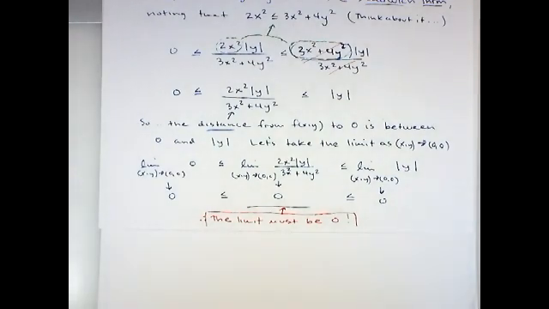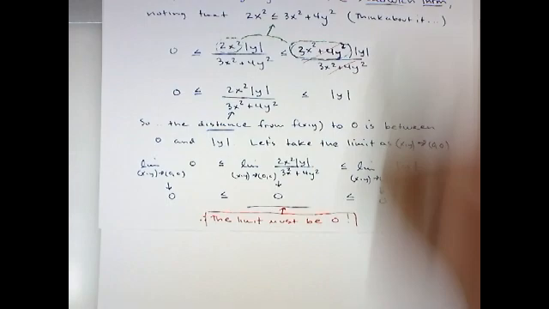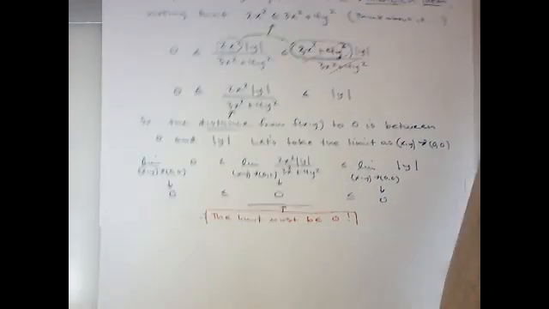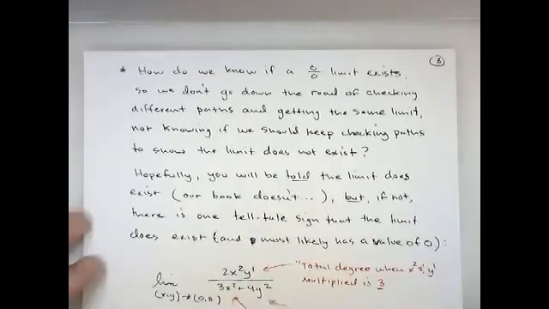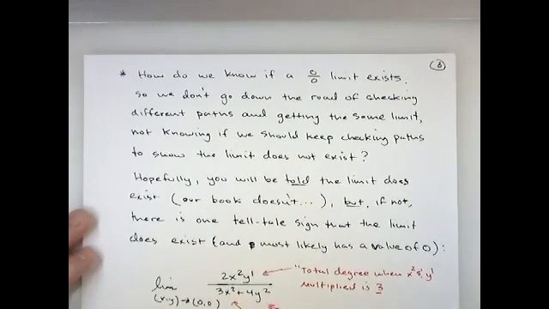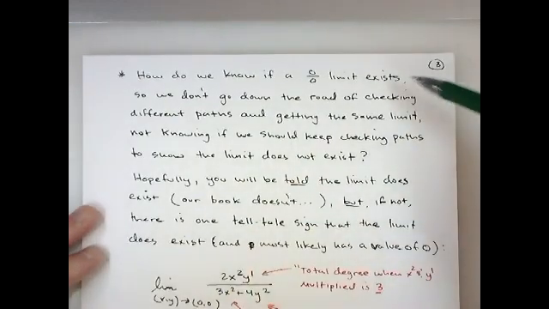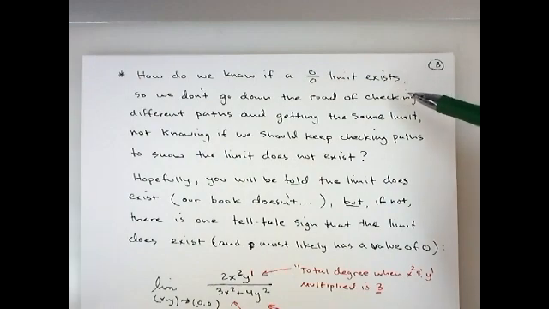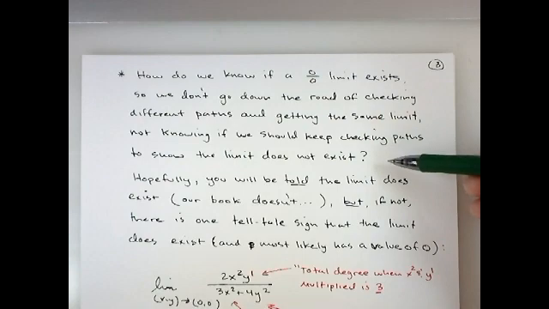Now, given that, at least for our book examples, they're not telling us when we get 0 over 0 whether the limit exists, there is a way, okay, let me read through this. How do we know if a 0 over 0 limit exists so that we don't go down the road of checking different paths and getting the same limit, not knowing if we should keep checking paths to show the limit doesn't exist, because that would be our normal strategy?